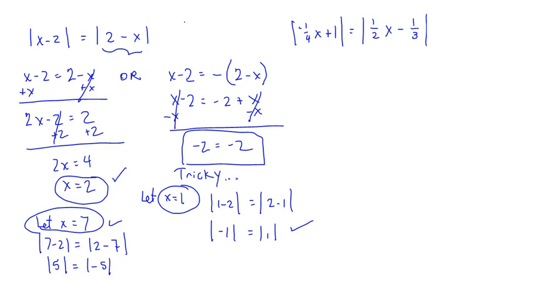So I'm going to say for this one that x can be anything from negative infinity to positive infinity. All solutions work. Oh my goodness. This one really was tricky, wasn't it? So sometimes you'll get 1 solution, no solutions, 2 solutions.